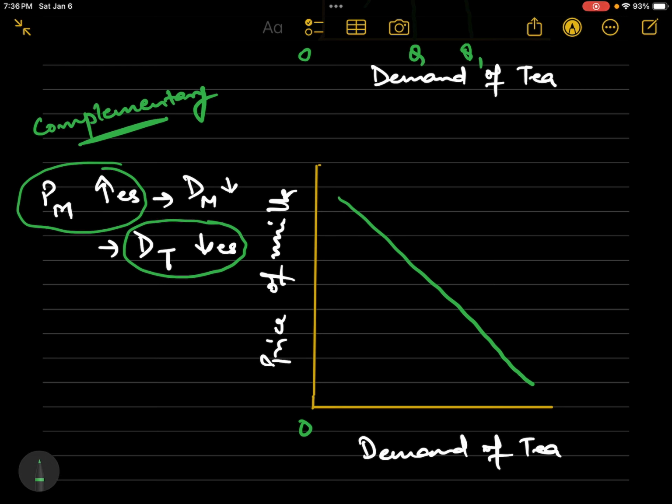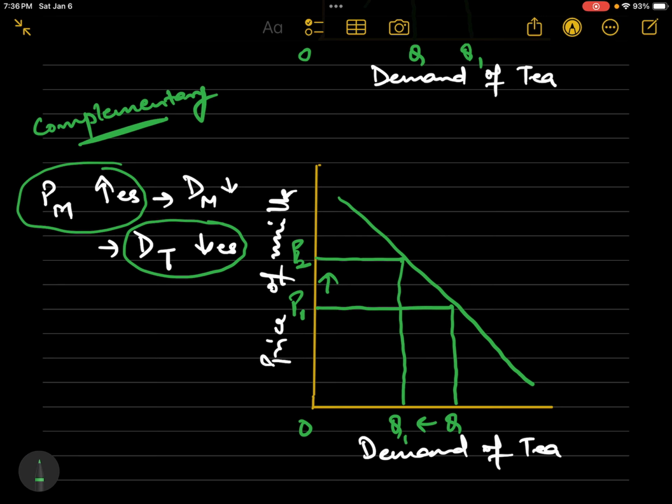If I say that the price of milk is originally P1, the demand for tea is this, which is OQ. Now let's say that the price of milk has increased to P2, then my demand for tea has decreased from Q to Q1. So what you can see here is an inverse relationship between the two.